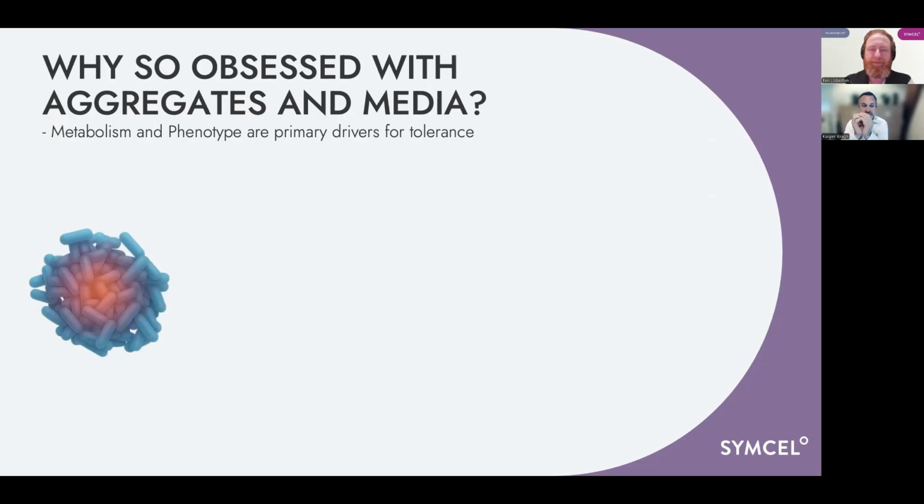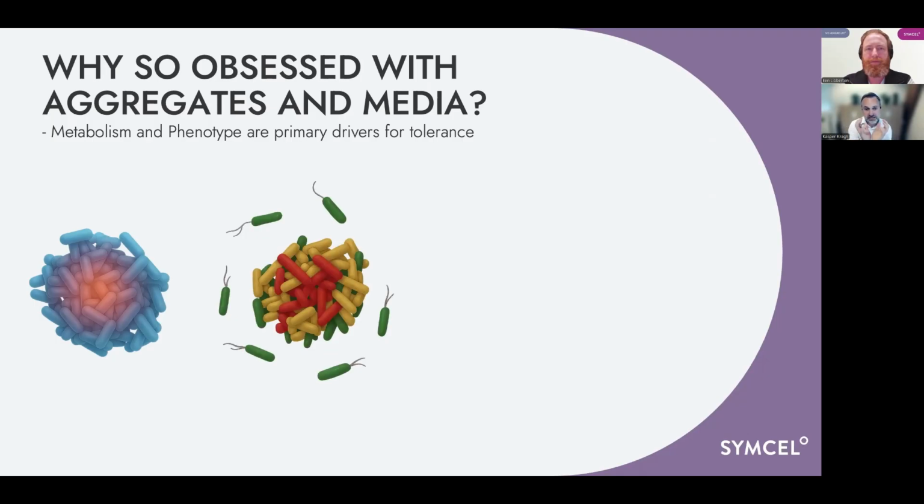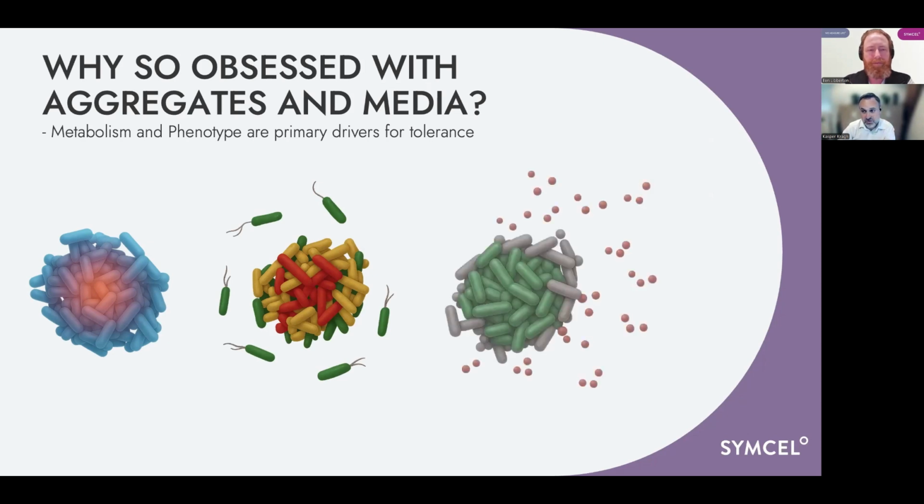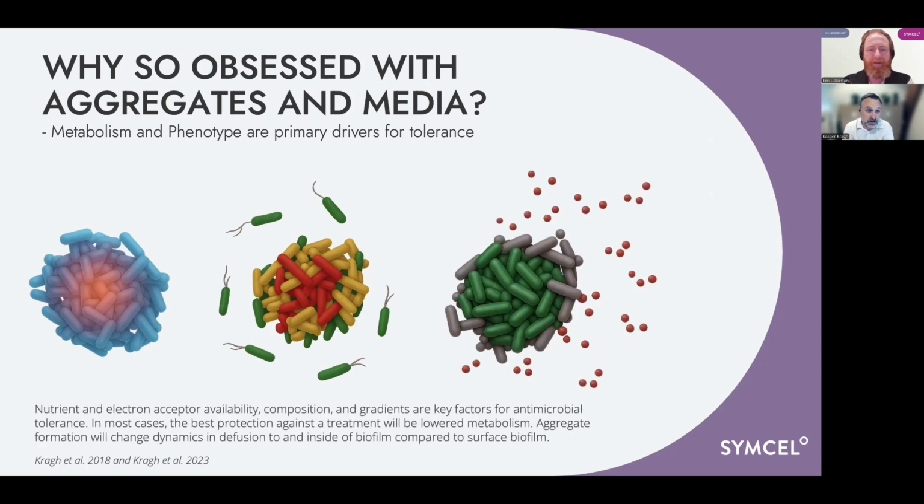When you think about these biofilm aggregates, you will have gradients coming towards them. That is how oxygen and nutrients are accessing the bacteria, but also inside of them. This creates very diverse metabolic activity, even inside of the aggregates, but also between the aggregates. And we know that most antimicrobials are very dependent on the metabolism of the cells.